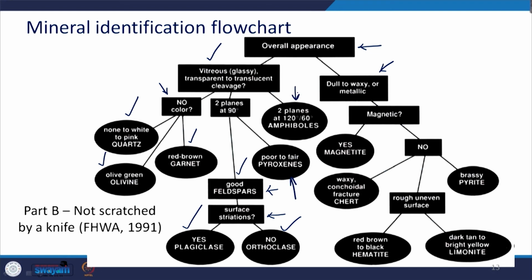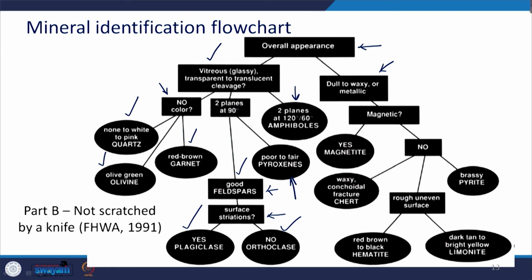So, you see that if we have this flow chart in front of us and keep following one step after the other, we are in a good position to identify various minerals. Now, come here, because this branch was dealing with the glassy or vitreous appearance of the mineral.